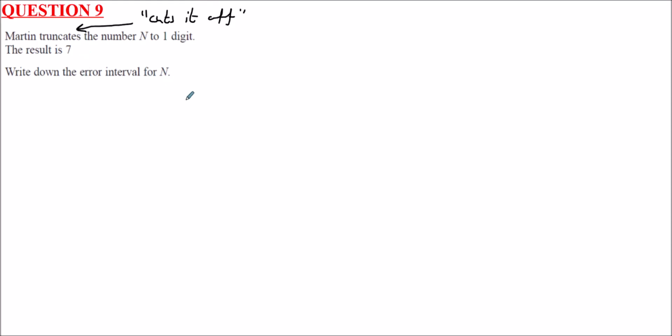So it could have been a 7, it could be like 7.1, 7.578. It could be 7 point anything pretty much, but it can't have begun with 8. It could be 7.9999 for almost as long as you like. So what we say here is that n, obviously it's 7 point something, but it must have been less than 8.